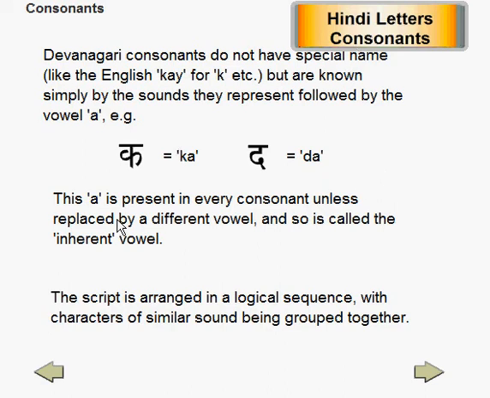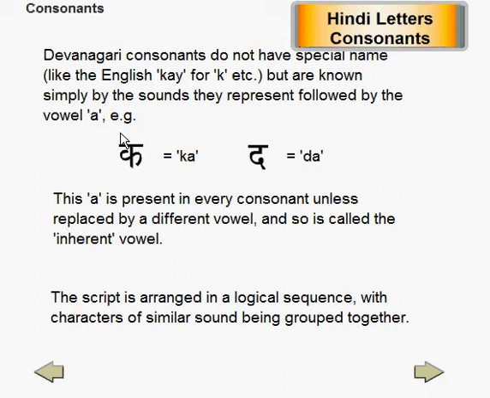So this sound of A is present in every consonant unless it is replaced by a different vowel, and we'll see how that is done by what are called dependent vowels. So this A is called the inherent vowel that is present in every consonant.